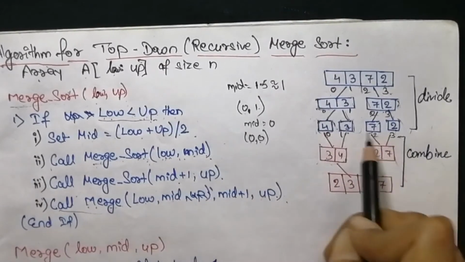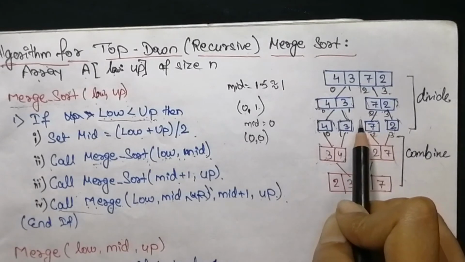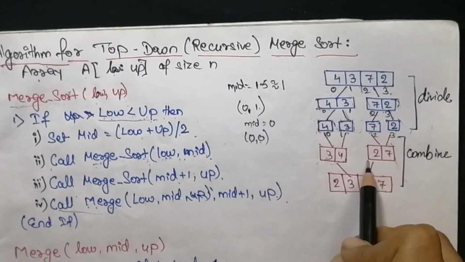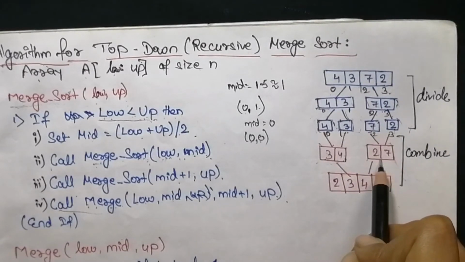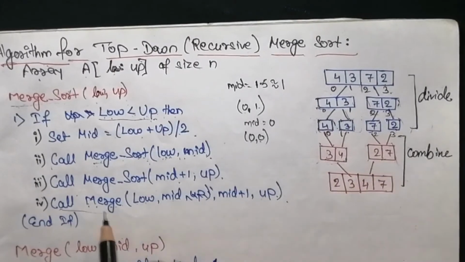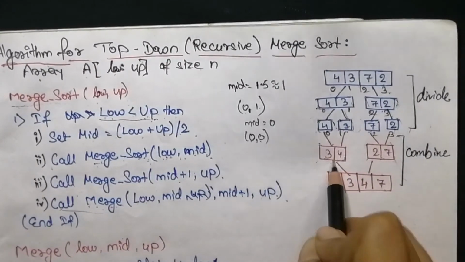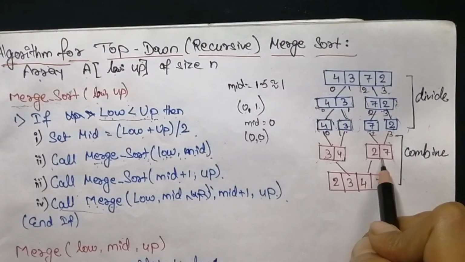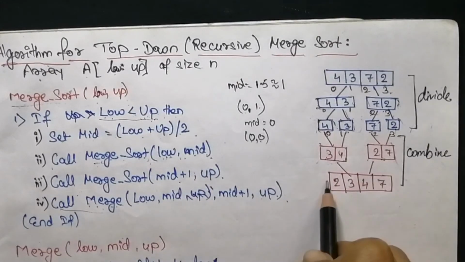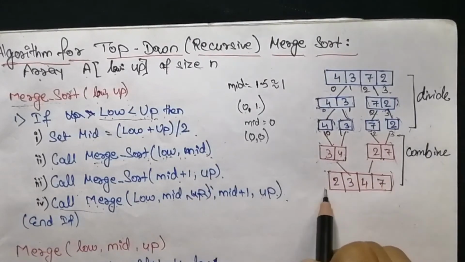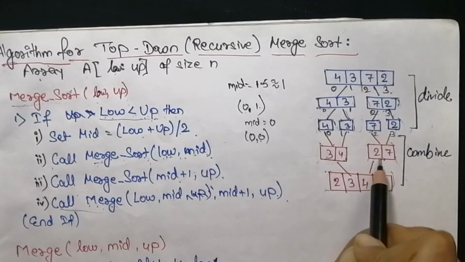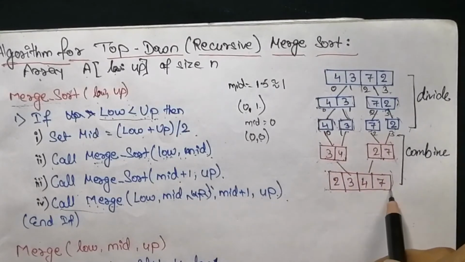Similarly, when this function is called for these two sublists, then these lists will be combined into a single sorted list, right? In the same way, when this function is called for this sublist and this sublist together, then we will get this final sorted list containing all the four elements in the sorted order.